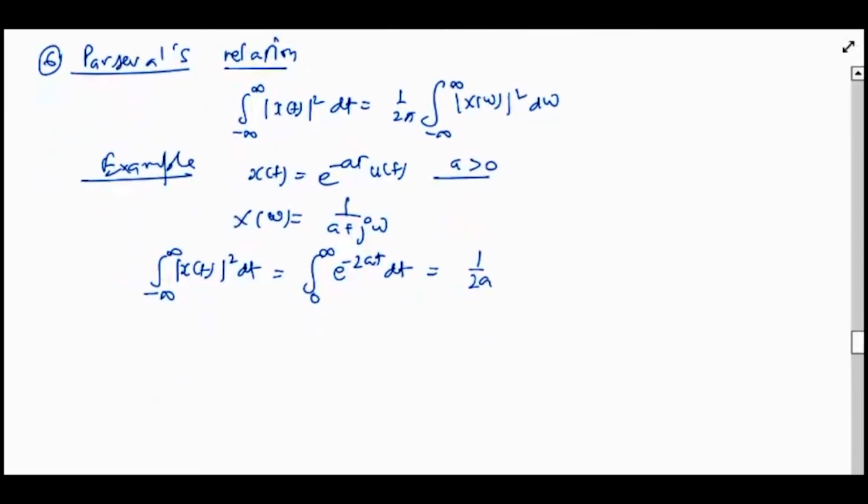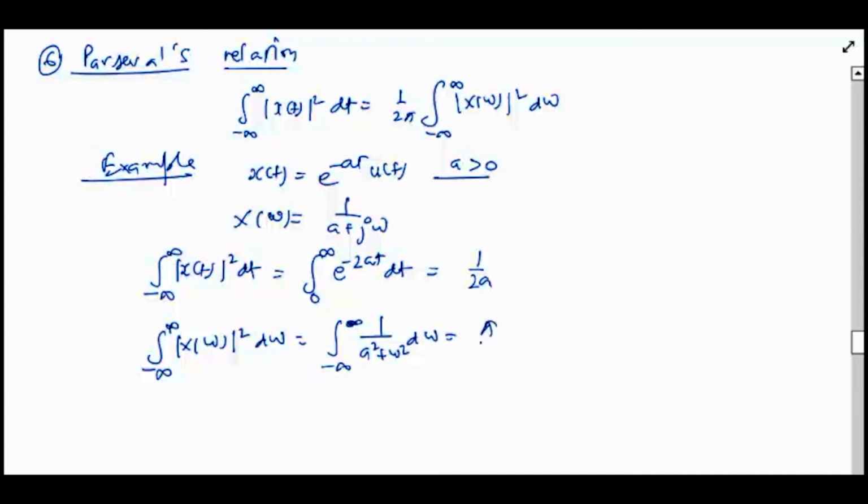On the other hand, if I compute the integral from minus infinity to infinity of |X(omega)| squared d omega, this is minus infinity to infinity 1 over (a squared plus omega squared) d omega.